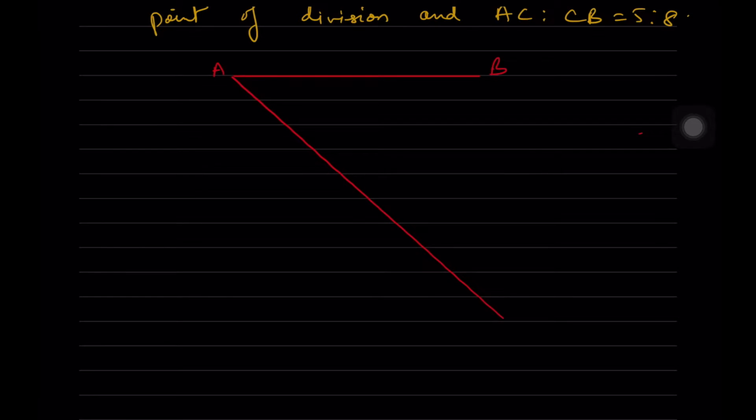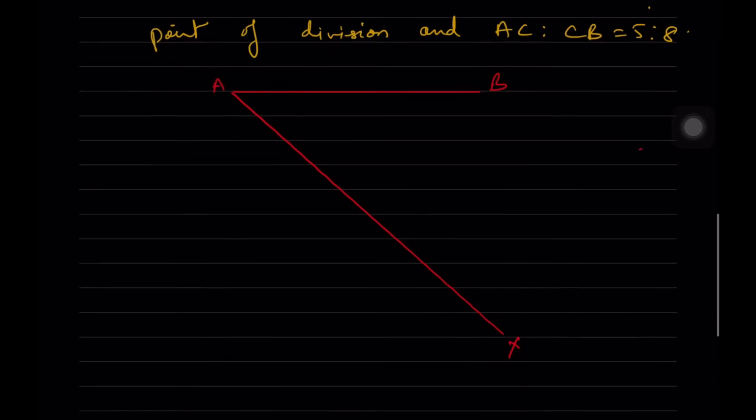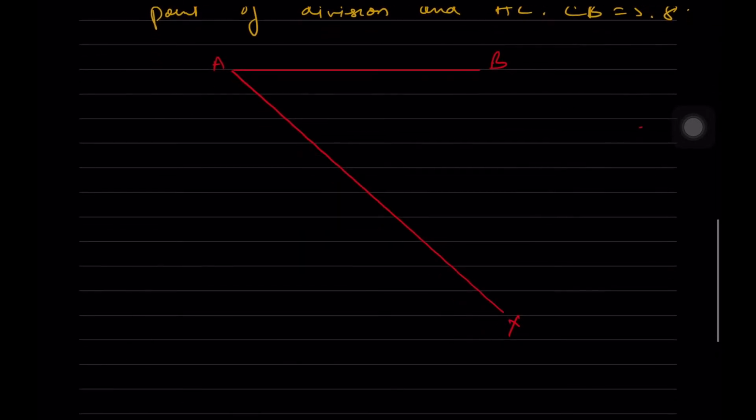This BAX is an acute angle, less than 90 degrees. Now we divide this into 13 parts, 5 plus 8. With 1 centimeter on your compass, draw arcs in such a way that you get 13 arcs.